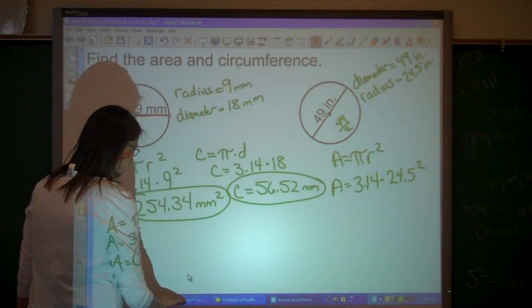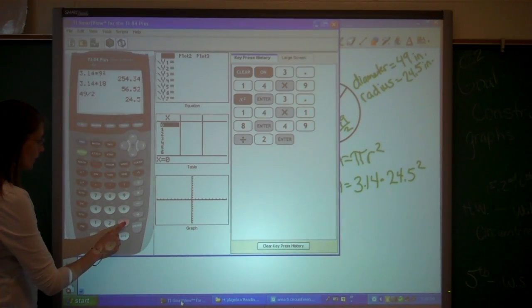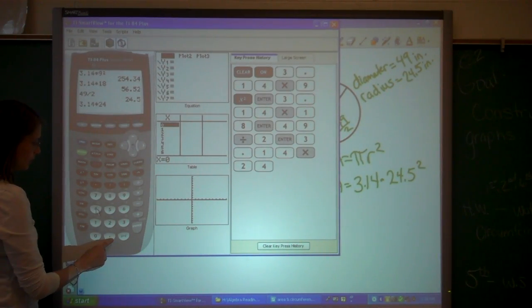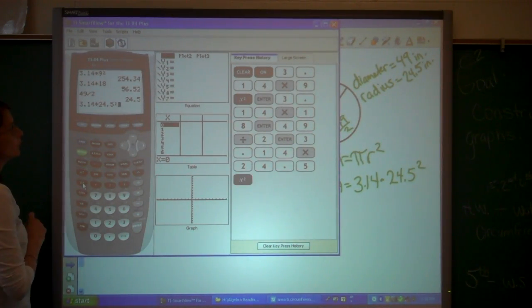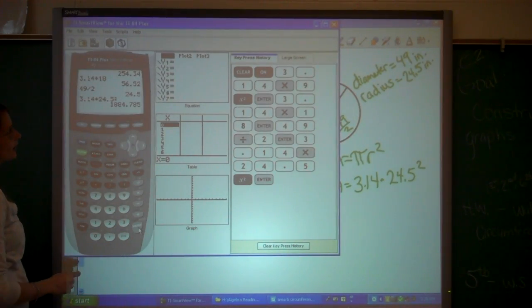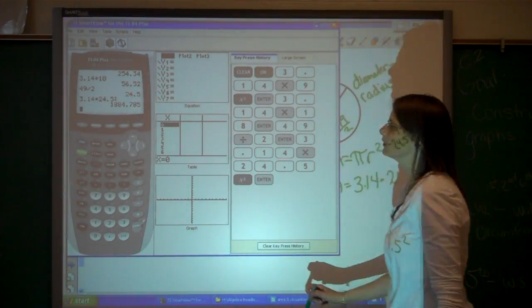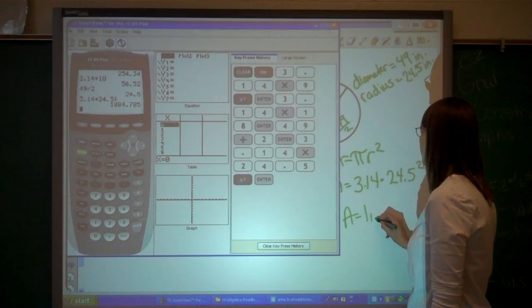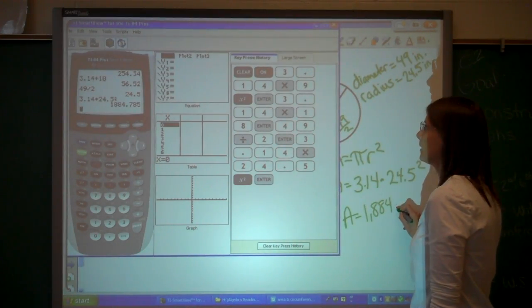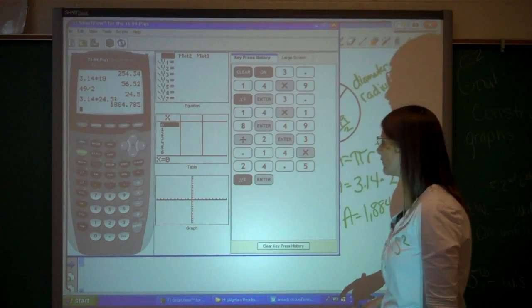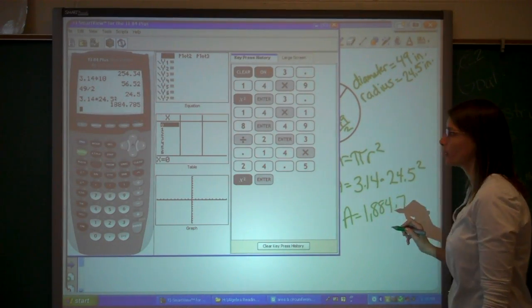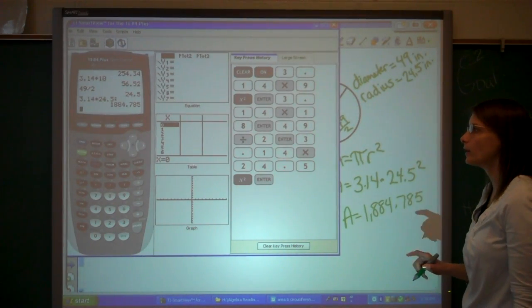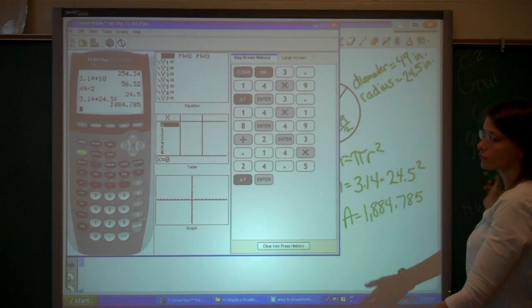And I'm going to put that in my calculator. 3.14 times 24.5, x to the 2, enter, and I get 1,884. Two places after the decimal, 0.78, or I could round that up to 0.79, or I could just write down 785, because it's only 3 numbers after the decimal. We only go 2 if it's a large number.